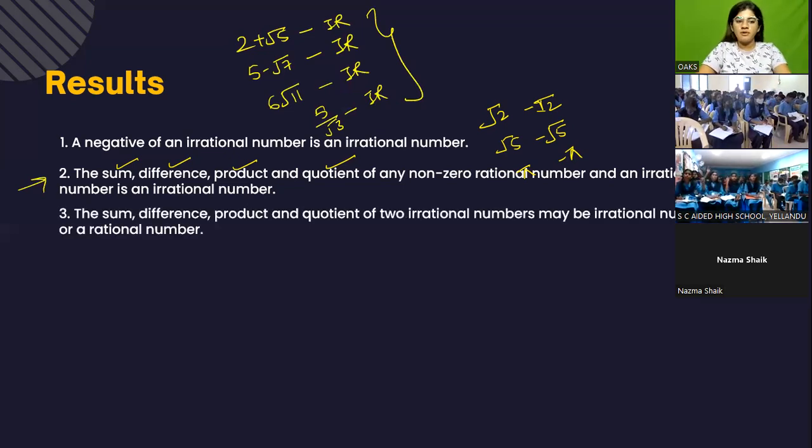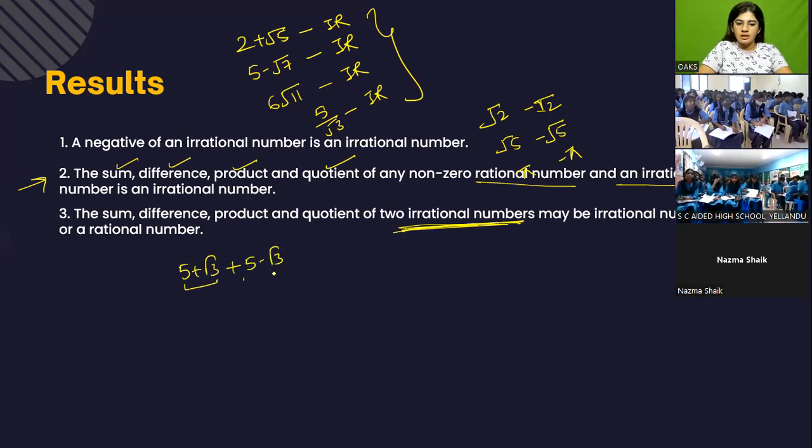Now, what about result 3? The sum, difference, product, and quotient of two irrational numbers. Can you see the difference? Here there is one rational and one irrational. Here two irrational numbers. They may be irrational, they may be rational. We did the examples. That is 5 plus root 3 irrational, plus 5 minus root 3 irrational. But the sum is 10. It is rational.